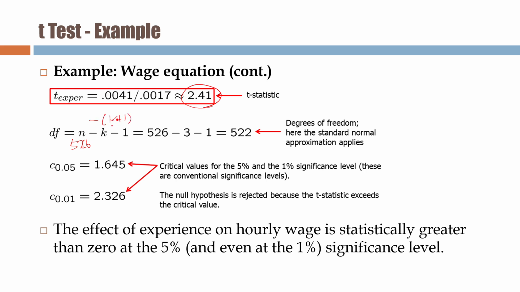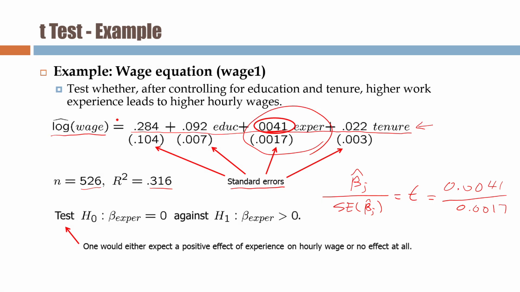So k is the number of factors. Actually, how many parameters we estimate using this model: 1, 2, 3, 4. So actually we estimated beta 0, beta 1, beta 2, beta 3. So we use three factors, independent variables, but since there is an intercept, we actually have 4 parameters.